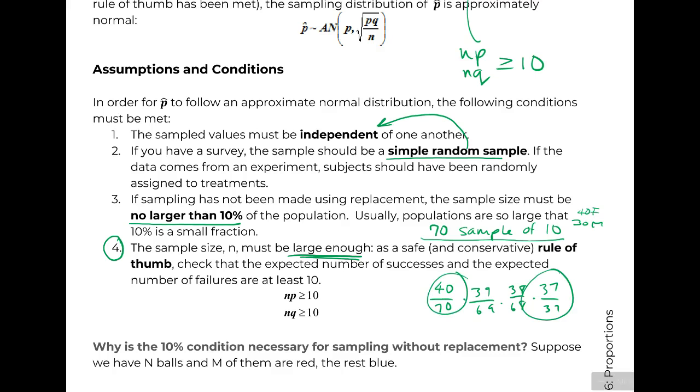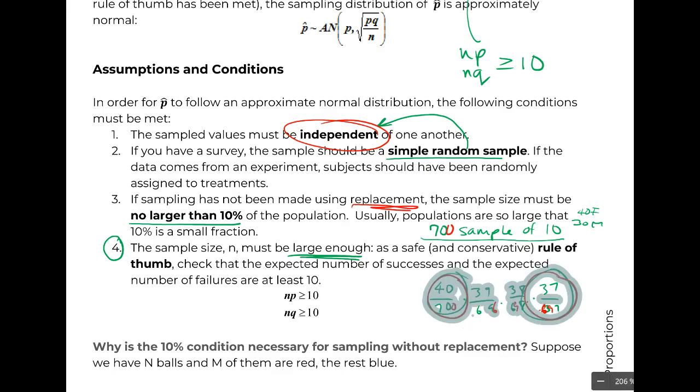But if there were 700 students, I wrote the wrong denominator, but if you get the idea, if there were 700 students, this is so close to that we can kind of ignore the issues that we have in terms of independence, because sampling without replacement technically doesn't have independence. So this no larger than 10% is basically so that we can ignore the sampling without replacement issues.